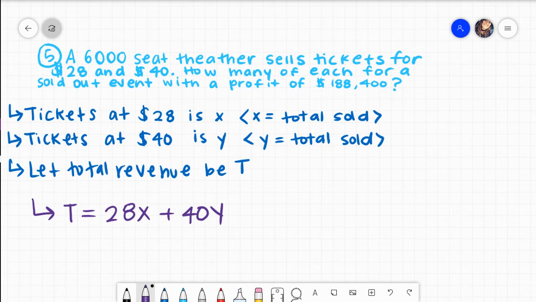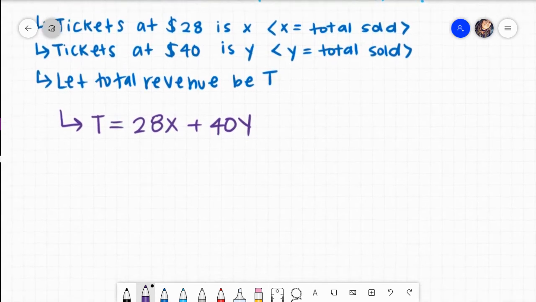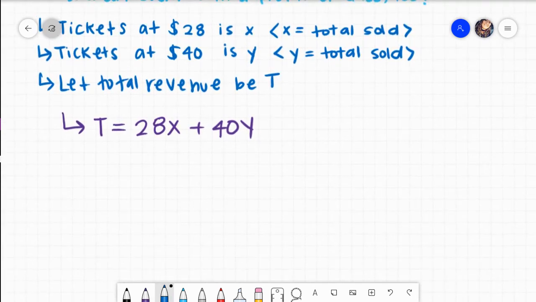I'm trying to figure out what the total amount of X and the total amount of Y is. And I know that whenever I do solve it, their price needs to be at a combined 188,400, right? Okay, so very important now, what we have is we need to know that the total amount of revenue, we'll just keep doing it in purple.